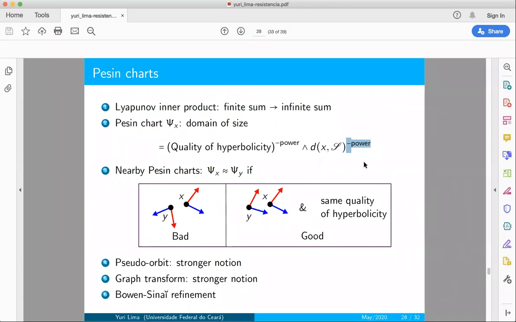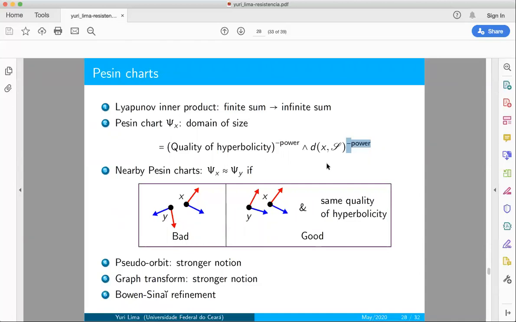So whenever you are very close to the singular set, you do not want your chart to intersect the singular set, so you have to reduce it. And the proper way of reducing is raising this distance to a power and then taking the minimum with the other phenomenon given by the bad hyperbolicity.